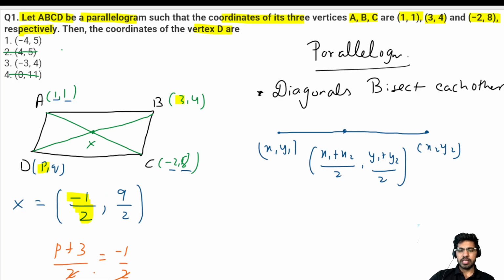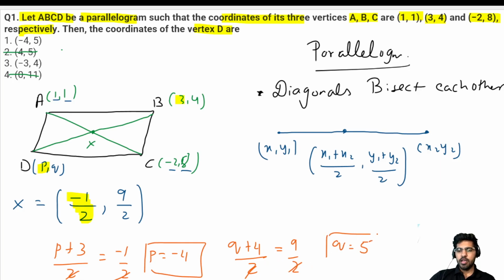So 2 and 2 cancel, and from here the value of P comes out to be -4. Similarly, (Q + 4)/2 should be equal to 9/2, that is the y coordinate of point X. So 2 and 2 are gone, and the value of Q will be 9 minus 4, that is 5. So we've got the coordinates of point D as (-4, 5), which brings me to my answer, that is option number 1. Alright, now what if this doesn't strike?